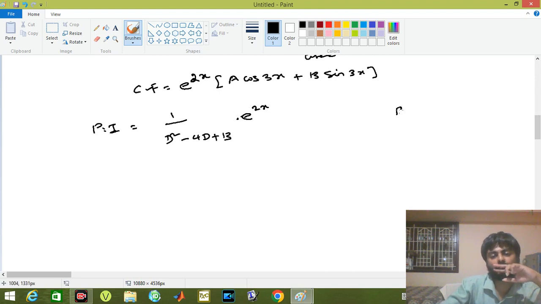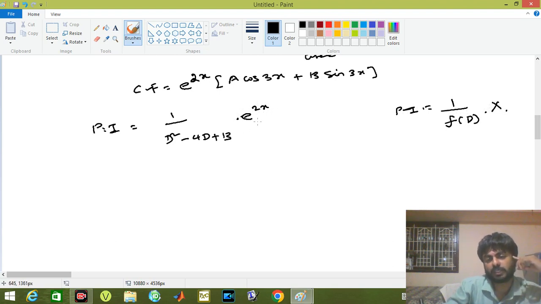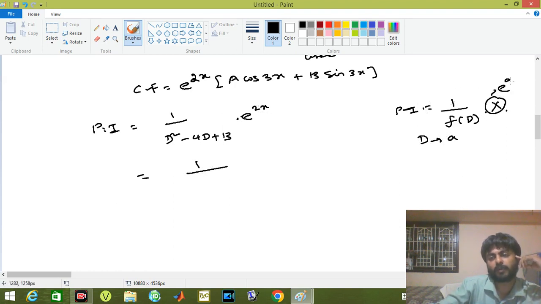Okay, you have to find the particular integral by using the formula 1 by f of D into X. Since this is the main function, for this type of functions, I have told you, you have to replace D by a. So you will have 1 divided by, what is a in e power ax? See, this X is now e power ax.